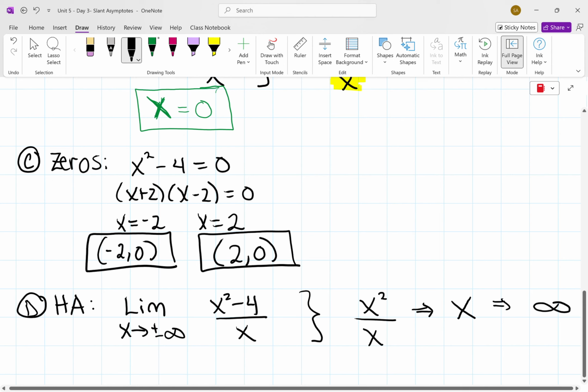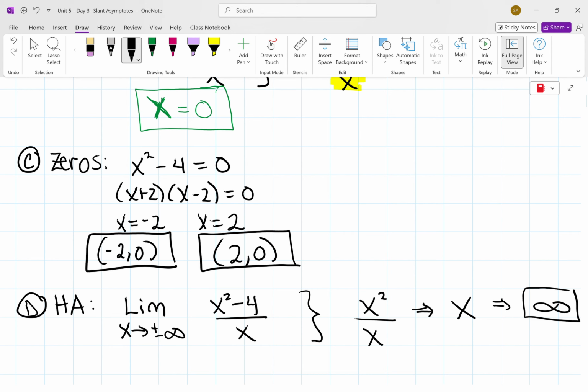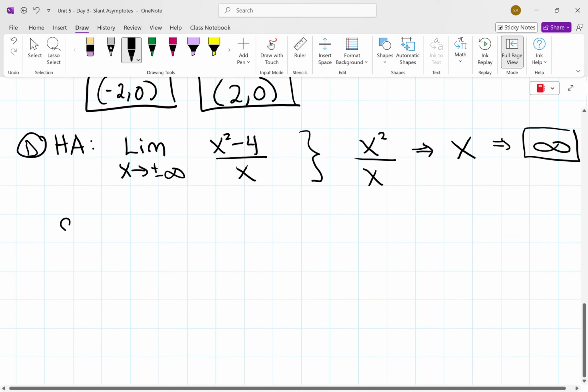When you plug in the infinity for x, what is the limit? Infinity. So if the limit is infinity, that means there is not a horizontal asymptote, there is a slant asymptote. So we're going to say the limit has to be infinity for it to have a slant asymptote.